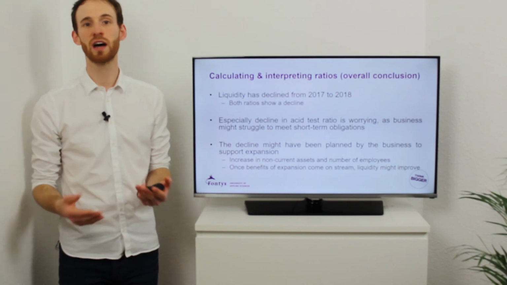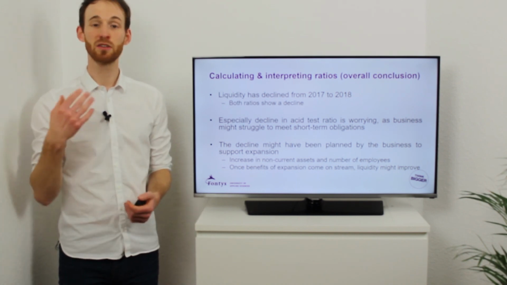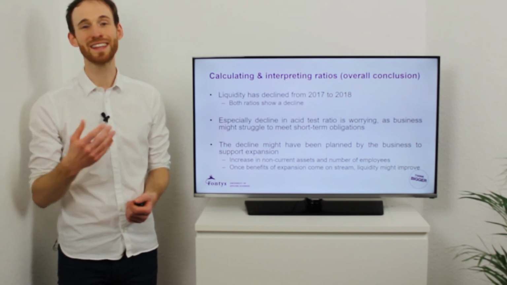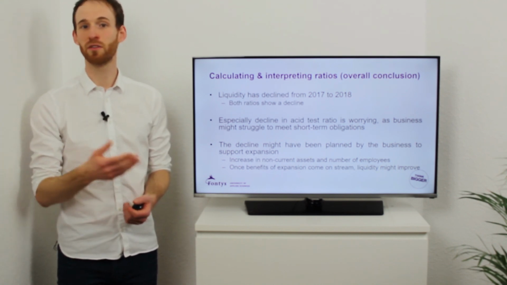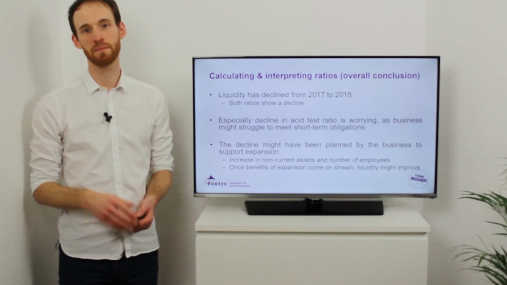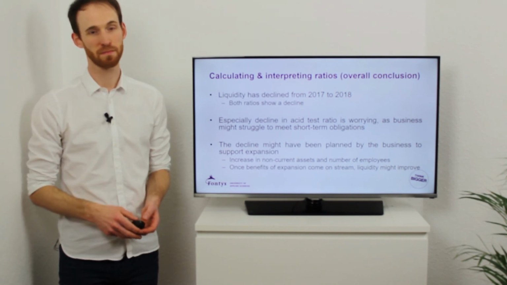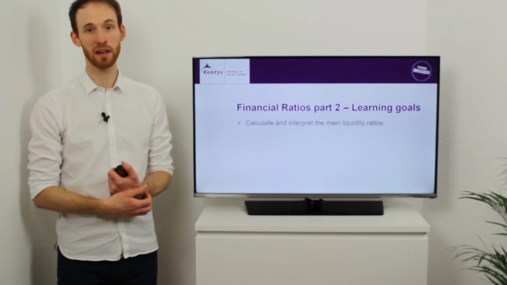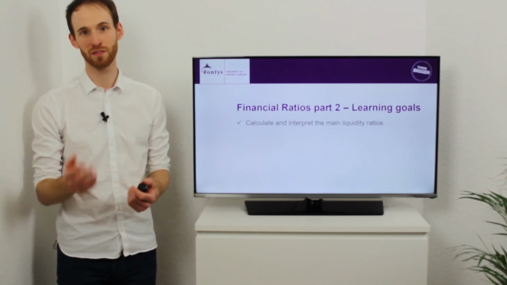So we would have to dive more into the company, talk to people, talk to the management and see, did you actually plan that? Or is that the result of certain issues and problems in the company? And then, of course, we would have to take action. And with this, we finish the main liquidity ratios and can then move on to the next category.